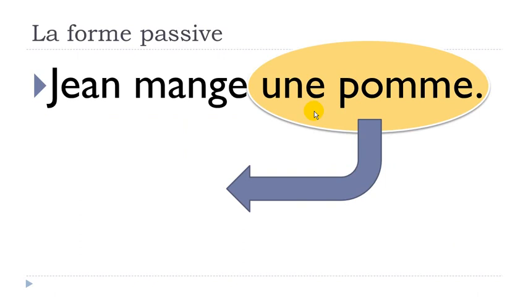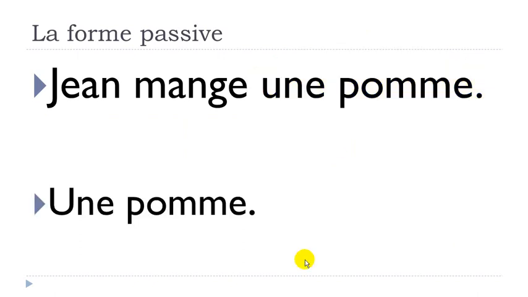So what could we do? We could first take une pomme, and then, of course, put it in the first place because the focus will be on the first word or first thing that will come in the sentence.